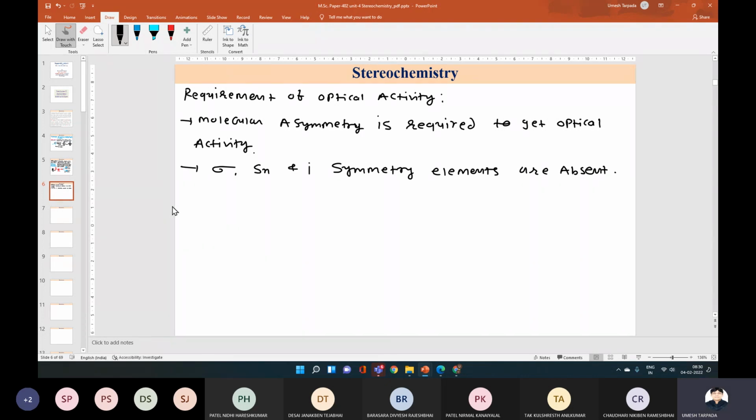So now you tell me. I'm writing down here certain examples where you tell me whether the molecule is optically active or not. COOH, CH3, H and H. Is this molecule optically active? Yes or no?